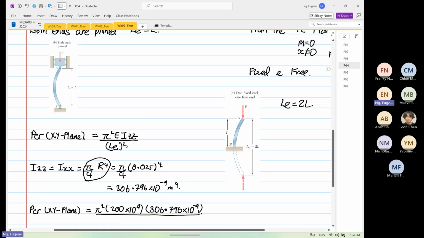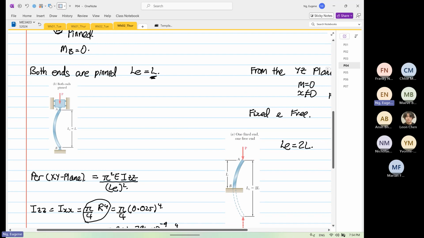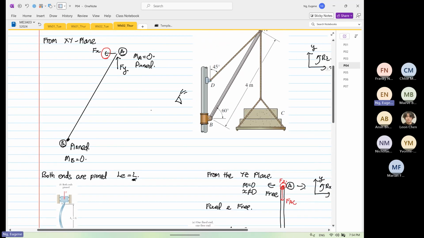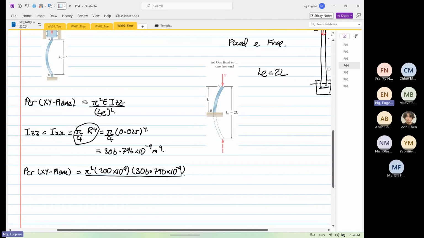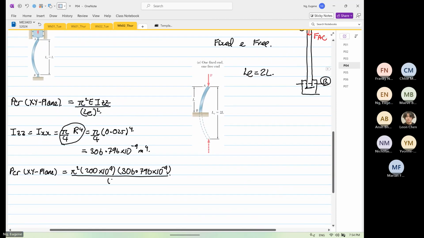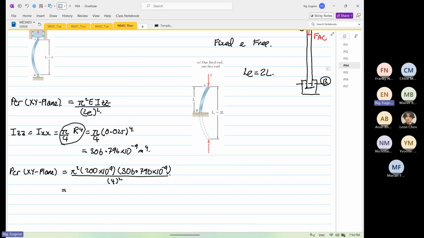Our equivalent length LE is equal to L, so the length given to us is 4 meters, so 4 squared. This will be equal to pi squared times 200 power 9 times 306.796 power minus 9 divided by 4 divided by 4.